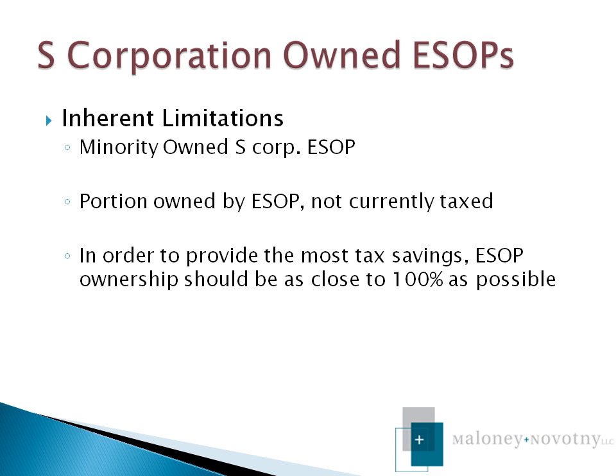However, the 70% that's owned by other shareholders would be, which means that the portion not owned by the ESOP is subject to current tax, which also means that the corporation has to make distributions to those taxable shareholders to make sure they have enough cash to pay their tax.